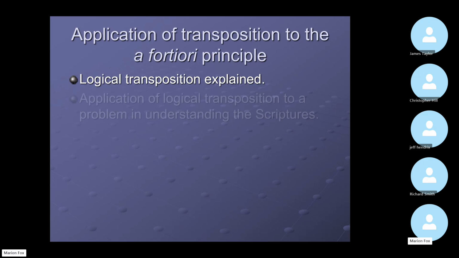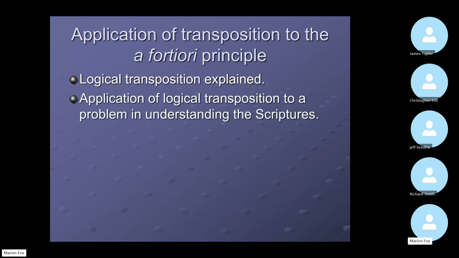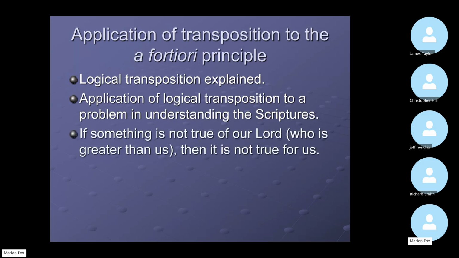Let's apply transposition to the problem of understanding the scriptures. If something is not true of our Lord, who is greater than us, then it is not true for us. So that's a good illustration of this principle. Whatever is not true of the greater is not true of the lesser.